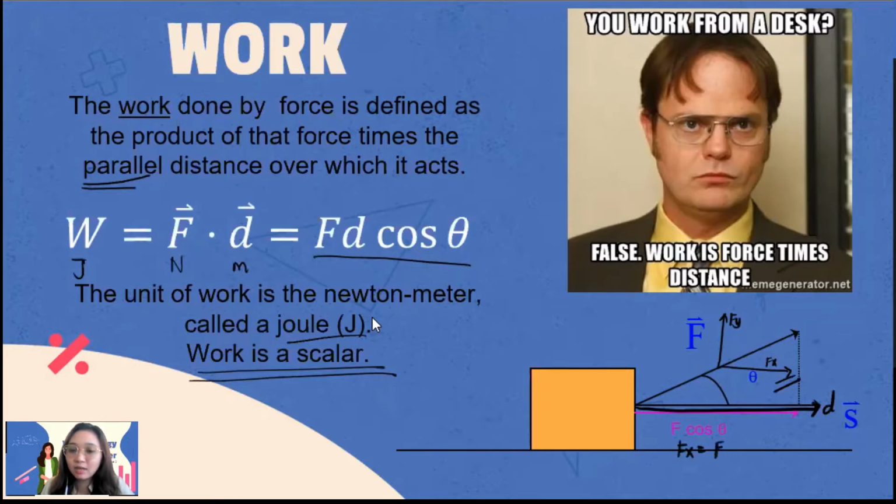Fx is equal to F cosine theta. So, pwede natin siyang i-substitute dito sa work is equal to Fd. Gawin lang natin tong Fx, so it is also equal to Fd cosine theta. So, this is another equation that we can use in computing work kapag inclined yung ating applied force.